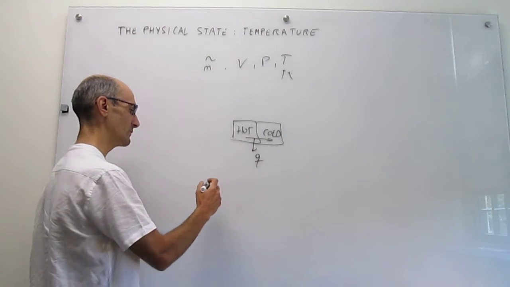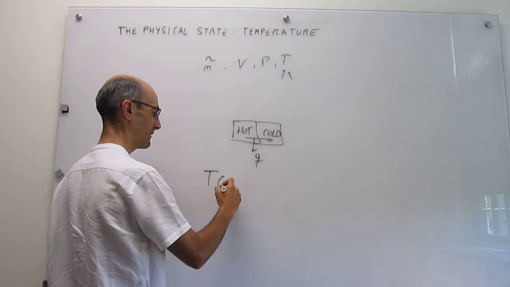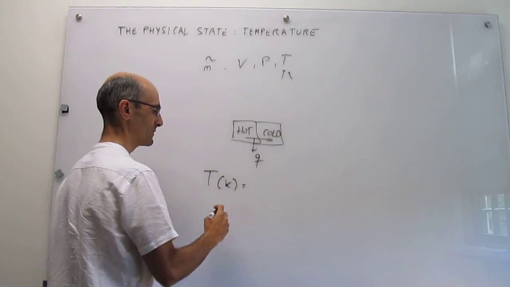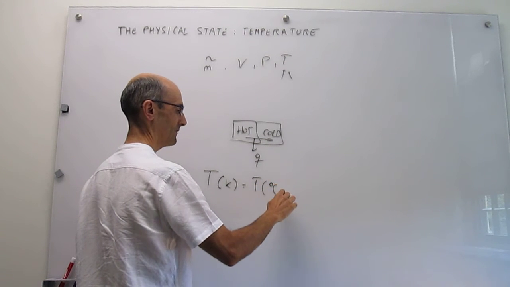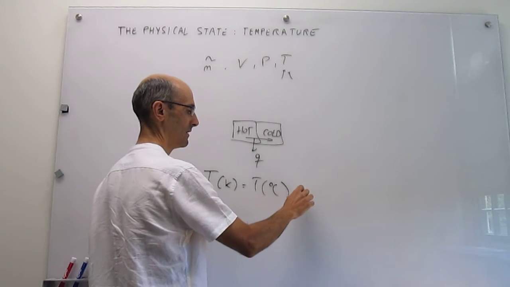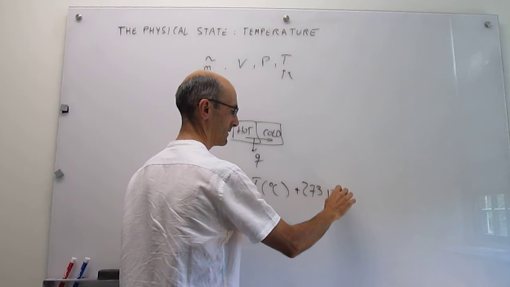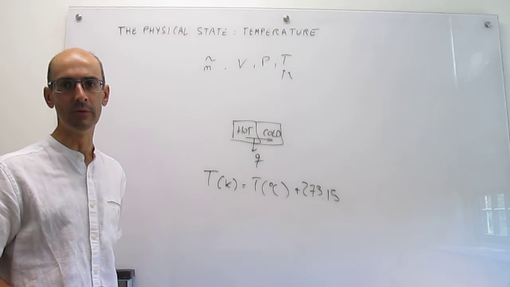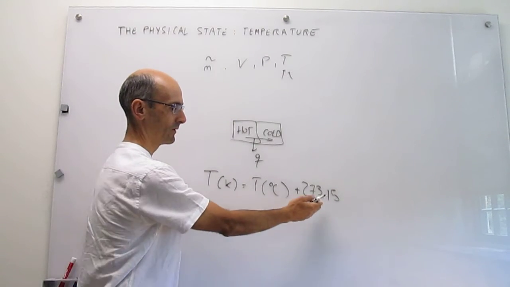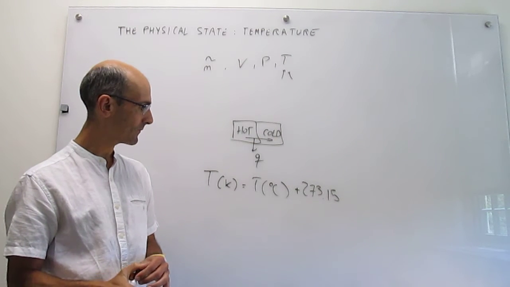To do that, remember that the temperature in Kelvin and Celsius can be transformed directly like this. The temperature in Kelvin is equal to the temperature in Celsius plus 273.15. This is five significant figures, even though for some problems we may be using only four or maybe just three.